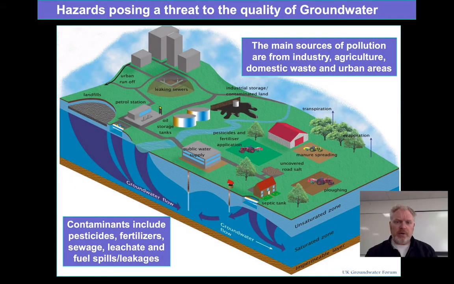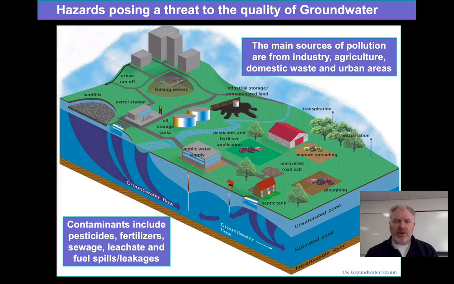If we think about contaminated land, really we need to be looking at two things that get contaminated. We have groundwater and also the soil. Now, the main sources of pollution are industry, agriculture, domestic waste from landfill sites, for example, and urban areas in general, and some of the spillages and accidents, I suppose, that happen in an urban area.